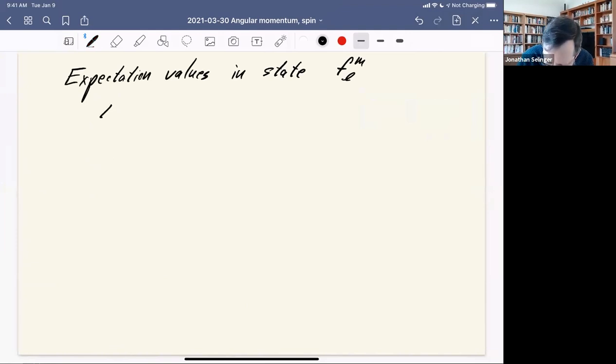Well, the expectation value of L squared. Right?